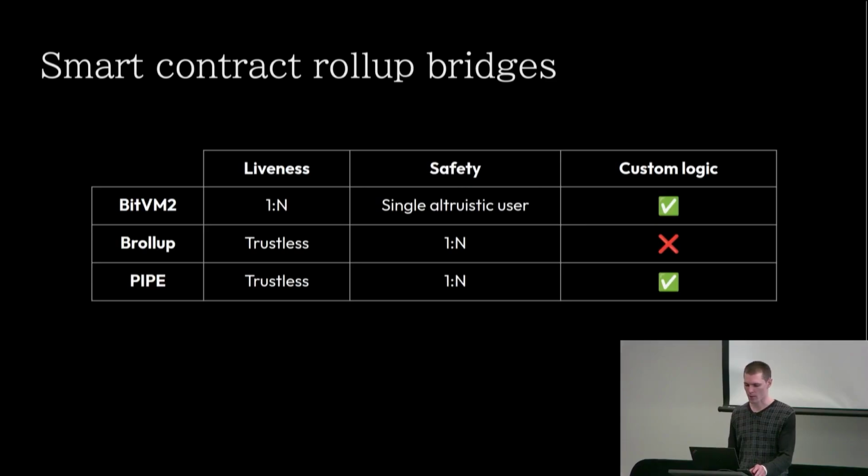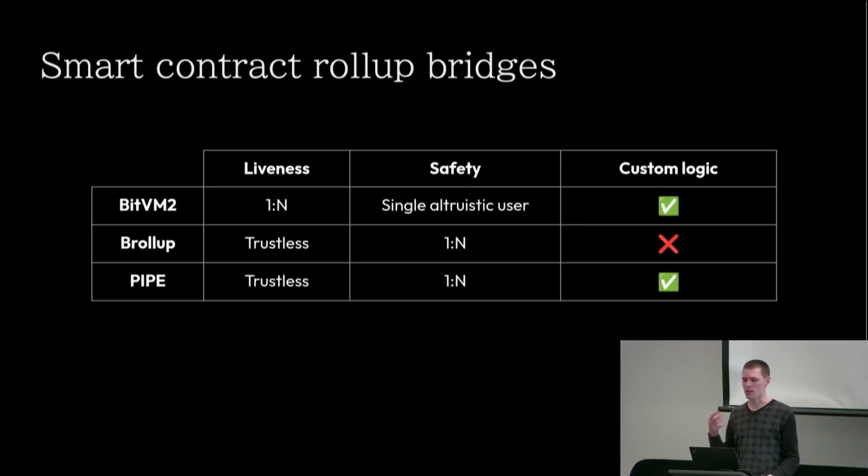So these are some of the varieties of smart contract rollup bridges that are possible today. We have the BitVM2 bridge, which gives us one of n trusted third parties needed for liveness. And here liveness refers to being able to actually process withdrawals from the bridge.